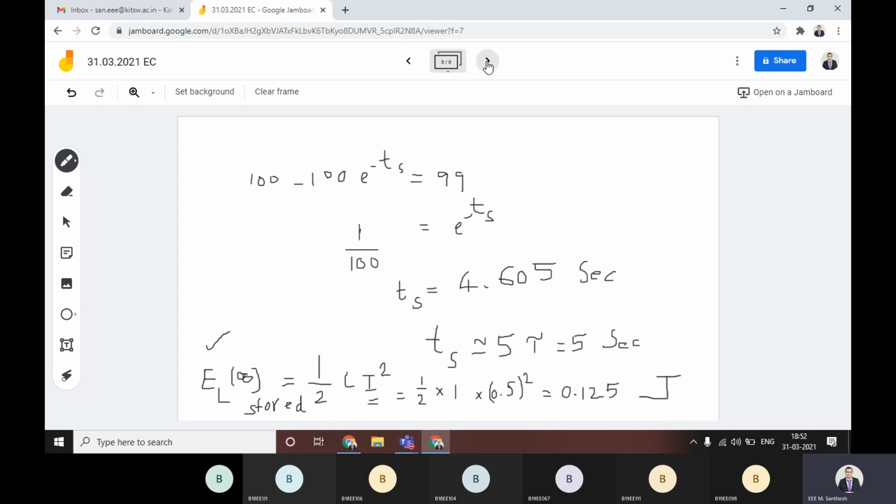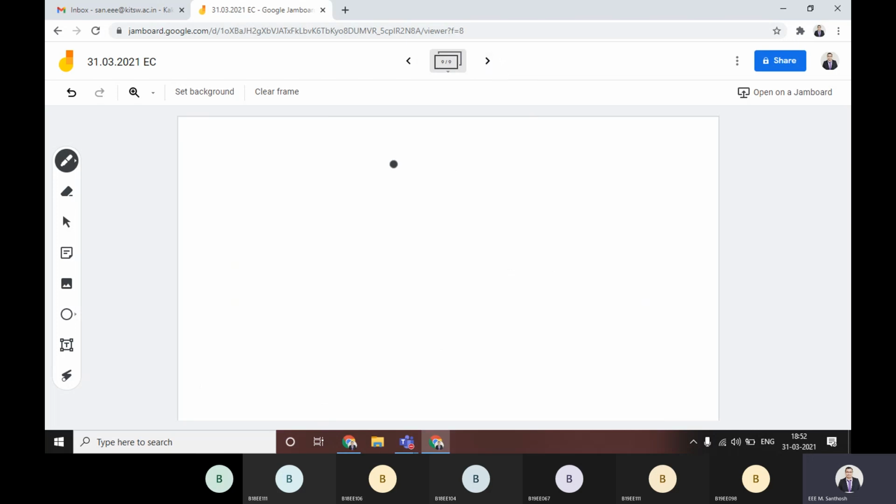Okay, you note down this circuit and solve. You have to find Vc of t when t is greater than 0. The circuit is this one. You have a voltage source of 1 volt, and a switch connected here, operating at t equal to 0.